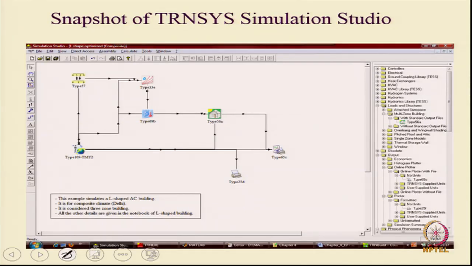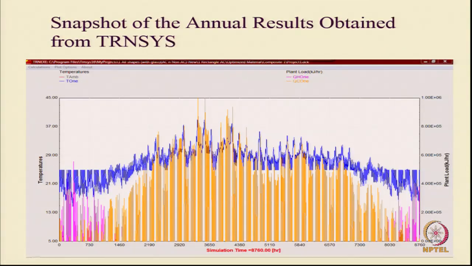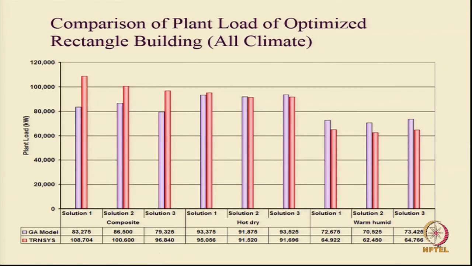And if you use software to see the value, for example, TRNSYS is one of the software. Unless you know TRNSYS you won't know. So, you will find that this is solution 1, this is from TRNSYS and this is from the GA model using a procedure of calculation which is much more amenable to hand calculation.